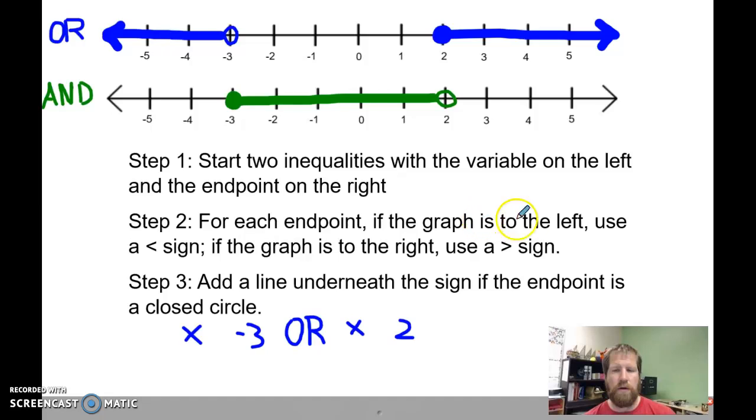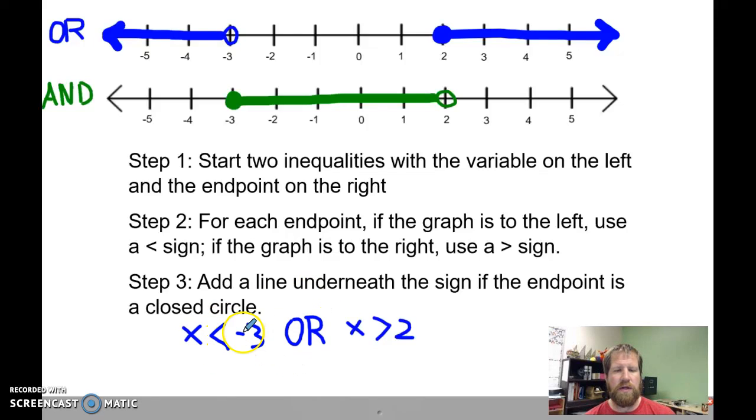If your graph opens to the left, then you're going to put a less than sign. If your graph opens to the right of your variable, then it'll be a greater than sign. Just like before, you're going to use the direction your arrows are pointing to place your signs.